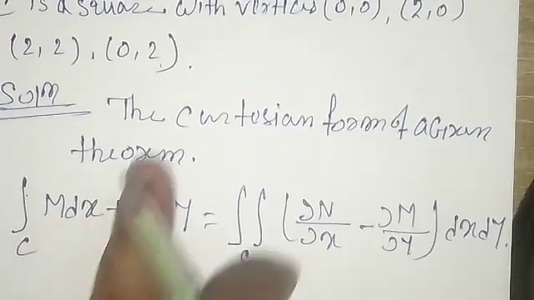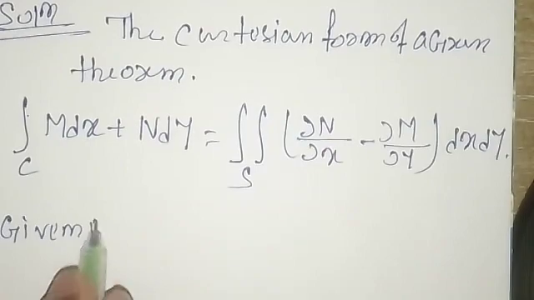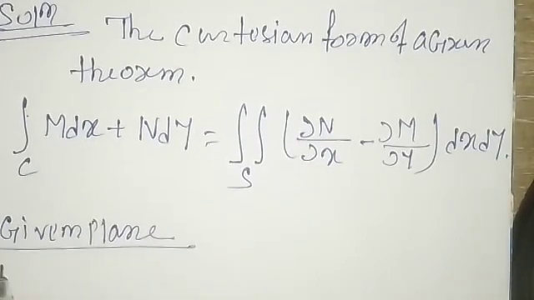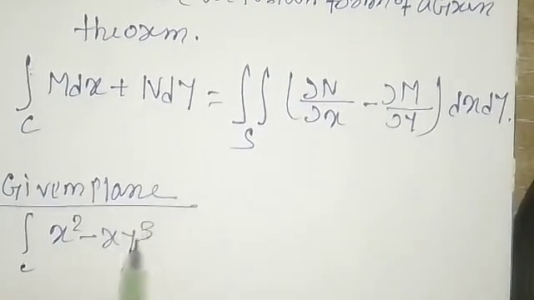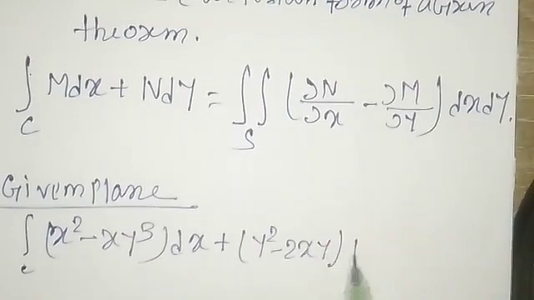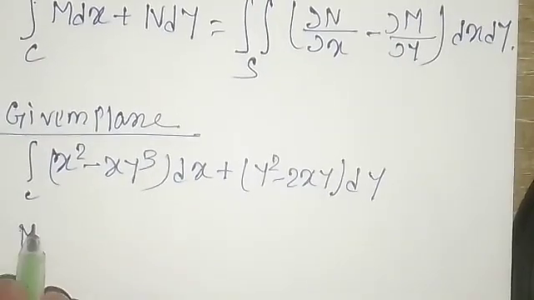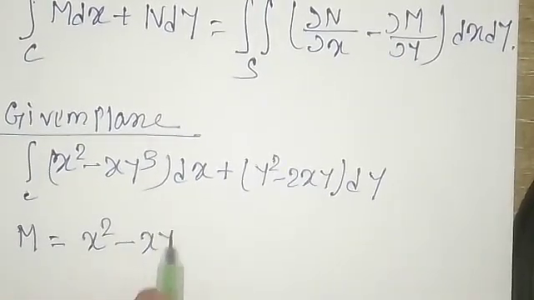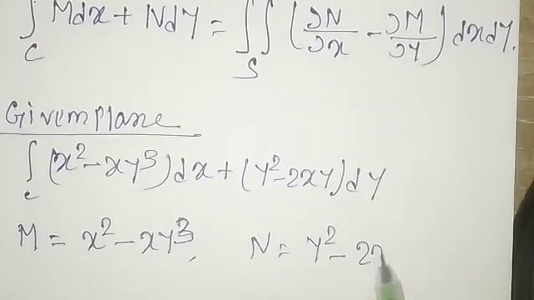If we compare this equation with the given equation, the given integral is over the curve of (x square minus xy cube) dx plus (y square minus 2xy) dy. Comparing with M dx plus N dy, M is equal to x square minus xy cube, and N is y square minus 2xy.